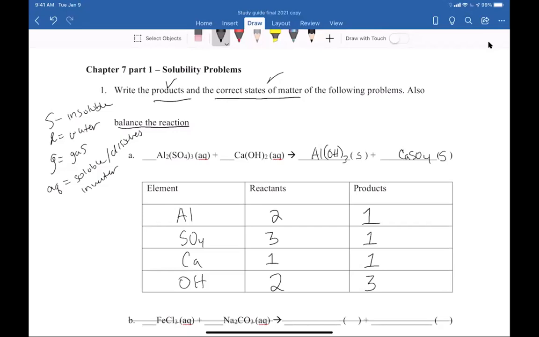What does that mean? It means that things like Al are not in complicated situations because we have 2 and 1. SO4 is not in a complicated situation because we have 3 and 1. OH, however, tends to be in a complicated situation because we have 2 and 3. Why is that a complicated situation? Because there's nothing you can multiply 2 by to get to 3, just like there's nothing you can multiply 3 by to get to 2.